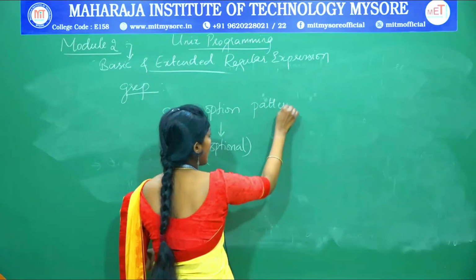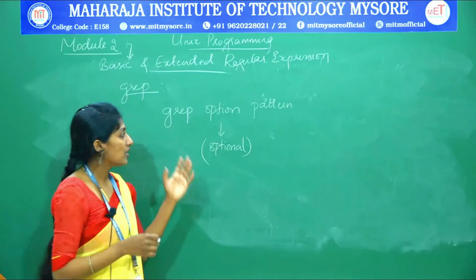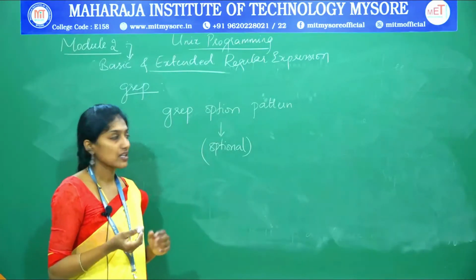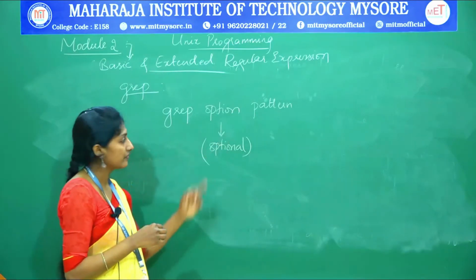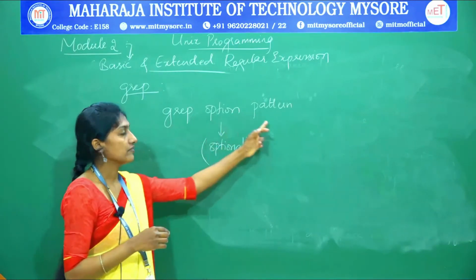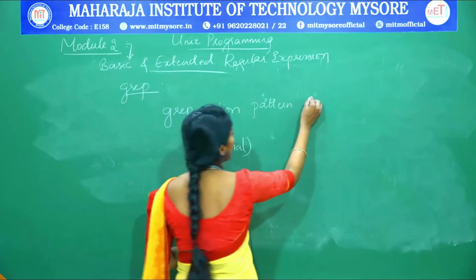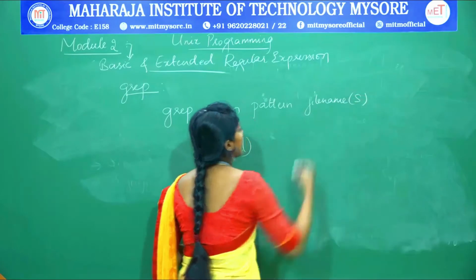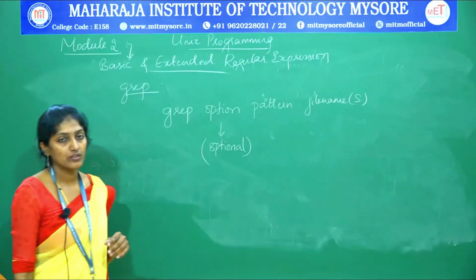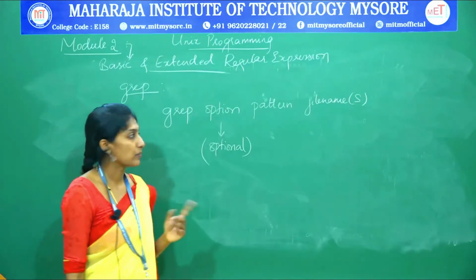This is actually our main intention, the grep command intention: you are trying to search for a pattern. So that is what we have considered here. Grep option followed by pattern. Next is the file name. This might be n number, that is, more than one file name can be provided.